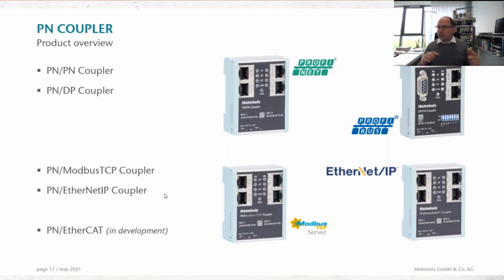You want to connect the data from one side to another, and this is a data exchange between machines, also with isolation, network isolation, galvanic isolation, everything. And the PN MQTT coupler is the next step. You want to get data to the cloud or to external devices like brokers in the factory.